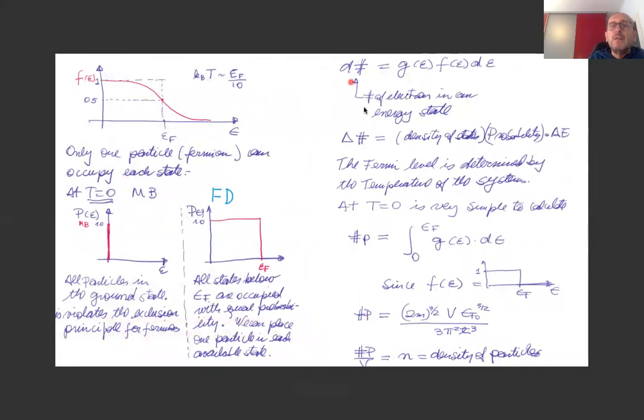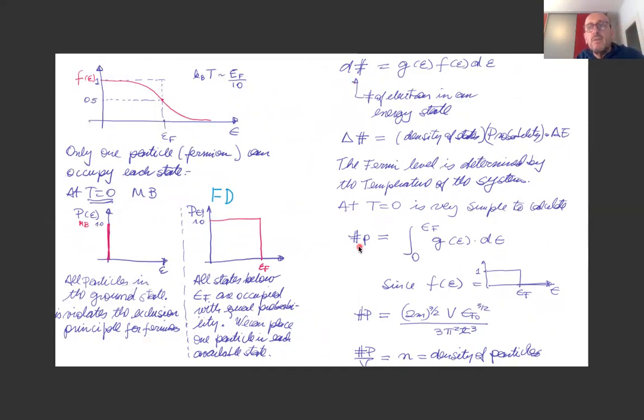Now the number of electrons in a particular state will be the density of states times the probability of having that state occupied. And now what do I have to do? I have to add up this expression for all the states to get the total number of electrons in the system.